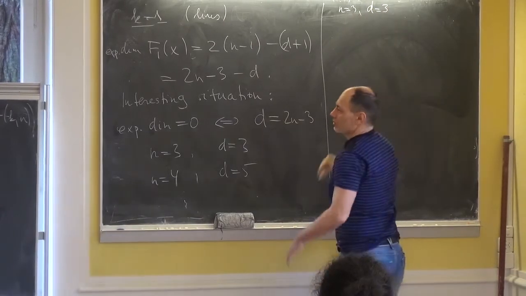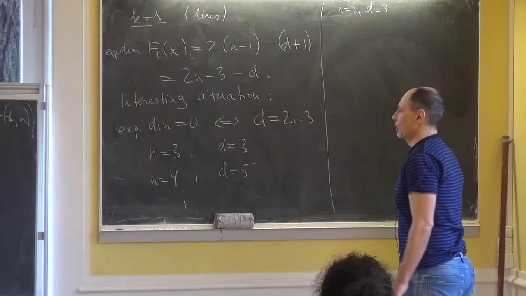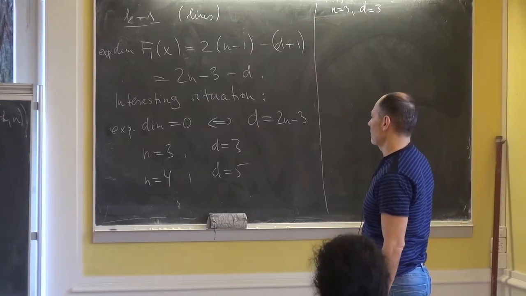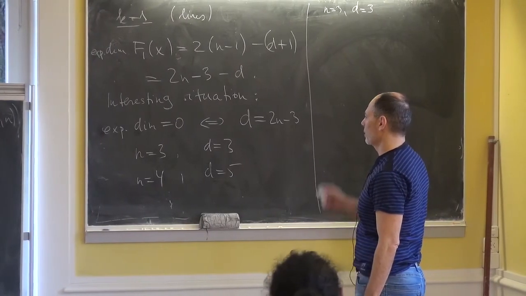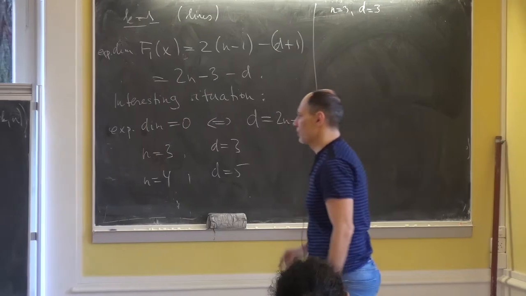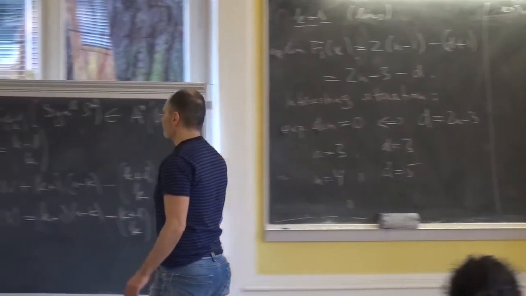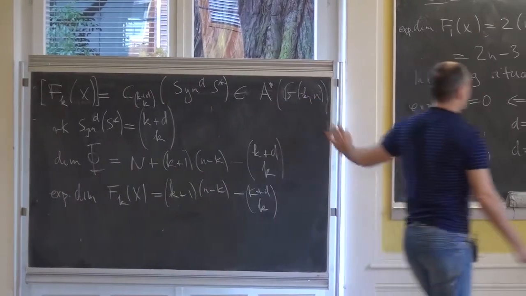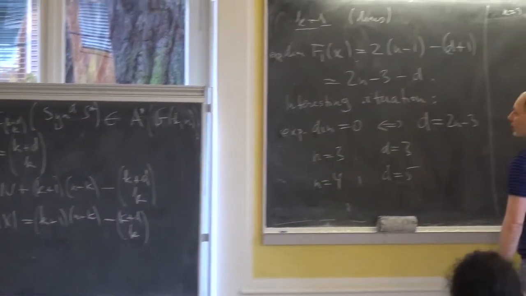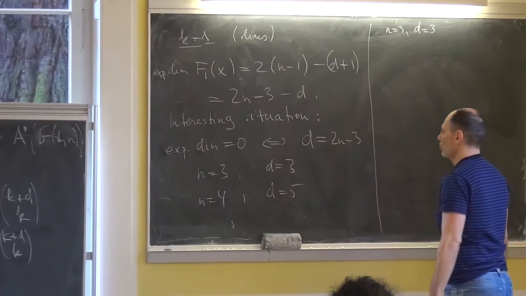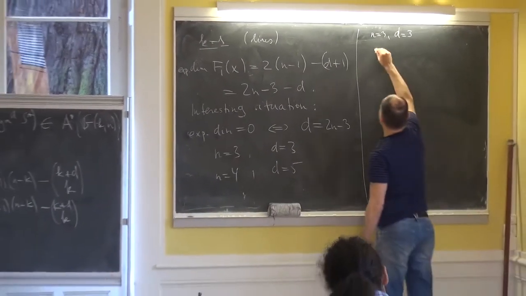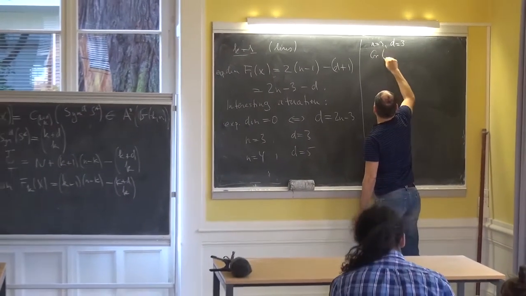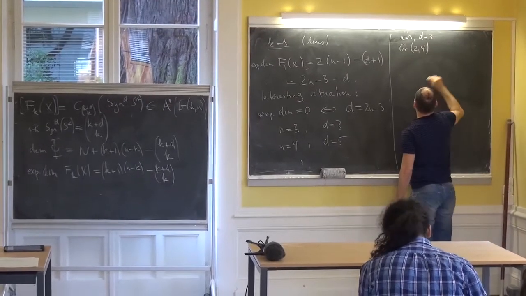These things are a little difficult, but really not that hard. We just need to calculate. In this case we are looking at G(2,4), the Grassmannian of 2-planes in 4-space.